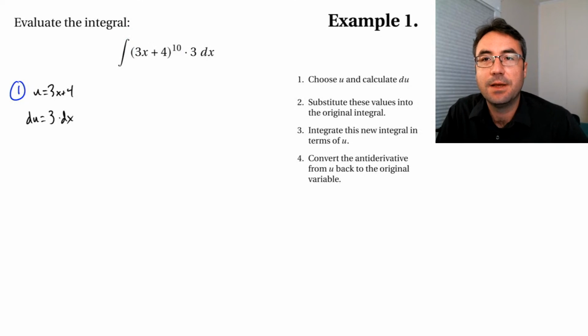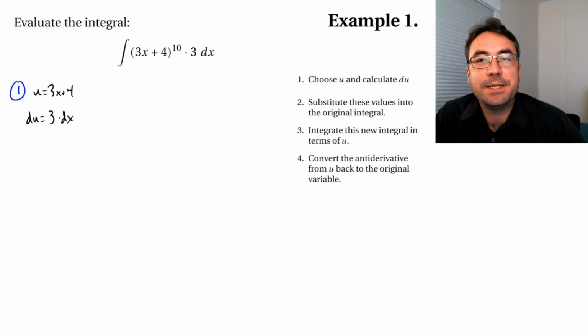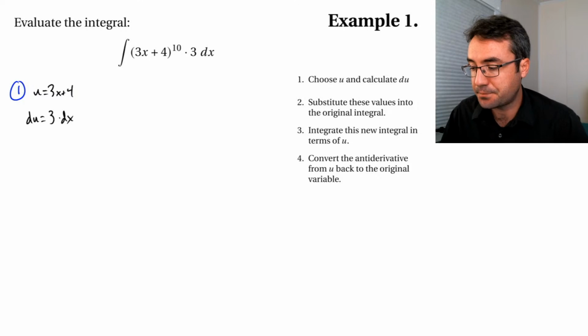Now in step 2, we take those two gadgets, u and du, and substitute them into the original integral. We change over the variables.